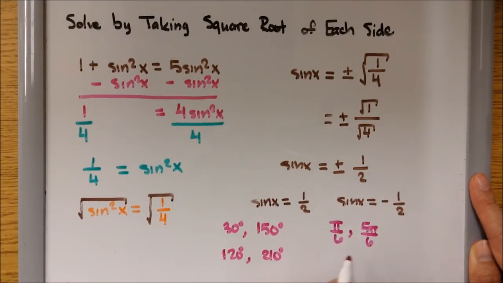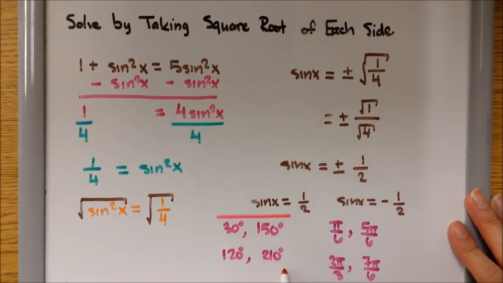Now for negative 1/2, the radian equivalence for 120 degrees is 2 pi over 3. And then the radian equivalence for 210 degrees is 7 pi over 6. These two radians are for negative 1/2. So in this example, we actually have 4 answers for degrees and 4 answers for radians.